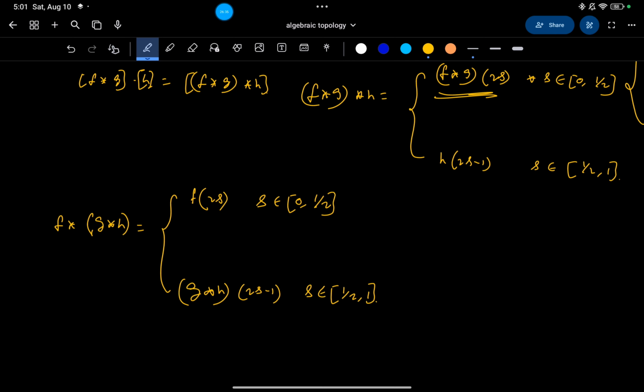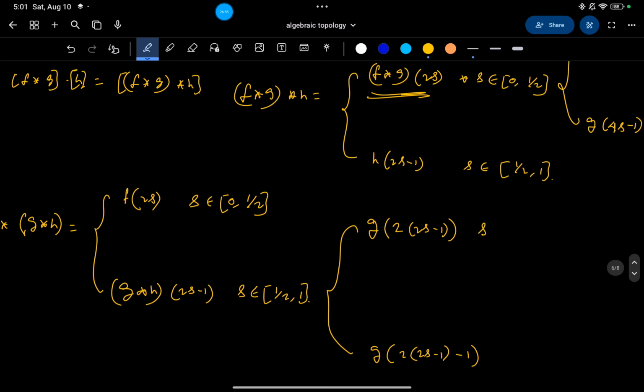Now again break half to 1 into different segments. It is g of 2 into 2s minus 1, and h of 2 into 2s minus 1 minus 1.